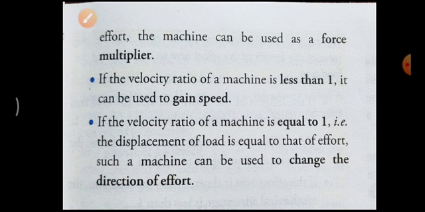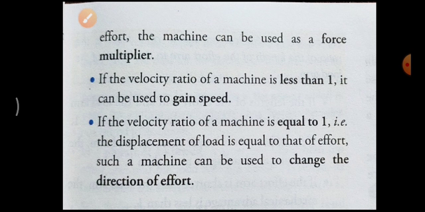If the velocity ratio of a machine is greater than 1. And how will it be greater than 1? The displacement of the load is obviously less than that of the effort. So if the velocity ratio is greater than 1, then the machine is used as a force multiplier.